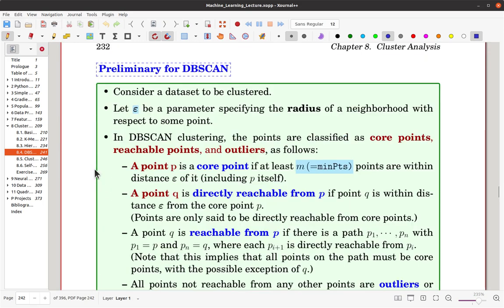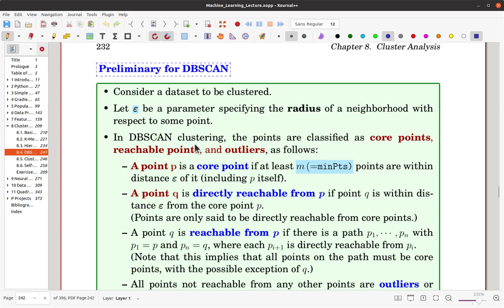Okay, here we consider preliminaries for DBSCAN. We start with a data set to be clustered. Choose a number epsilon, a parameter specifying the radius of a neighborhood with respect to some point.